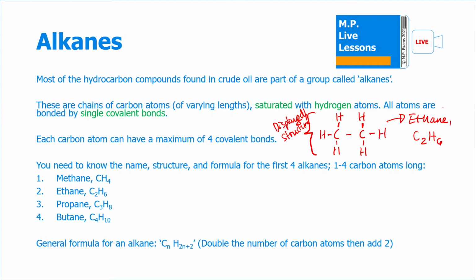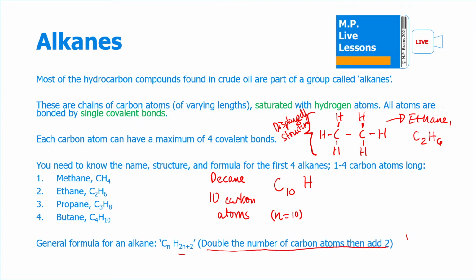For example, if we had decane, which has 10 carbon atoms, its formula is your number of carbon atoms, so n is 10, then for H, we double it and add 2. So we double it, which gets us 20, and then add 2, so 22. So there are 22 hydrogen atoms in decane.